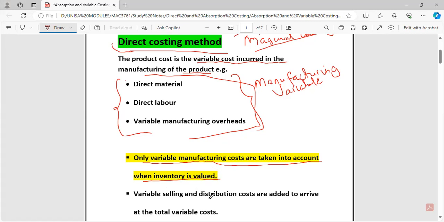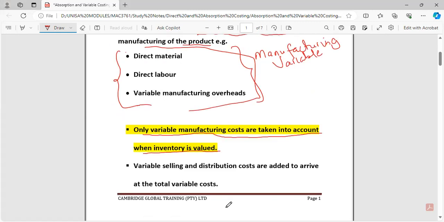Right, so variable selling and distribution costs are added to arrive at total variable cost. So in your question, you should be able to identify non-manufacturing variables, which means your total variable cost is going to include non-manufacturing and manufacturing variables.